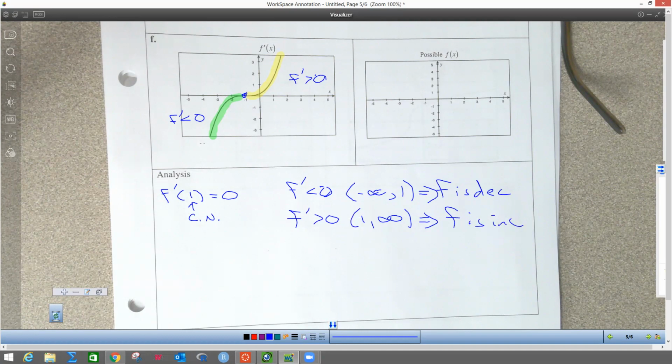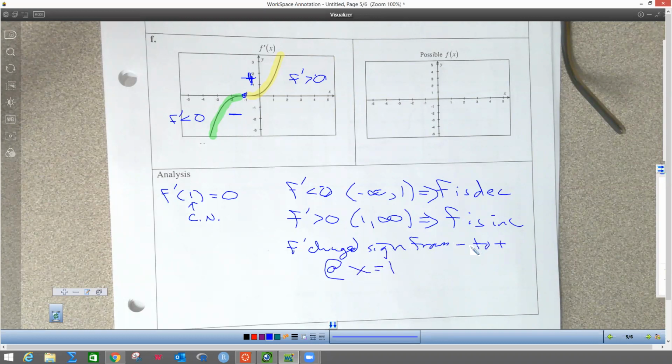Now something that we just got in this unit is, if you look right here, f prime is negative. Over here, f prime is positive. So this tells me that f prime changed sign from negative to positive at x equals 1.